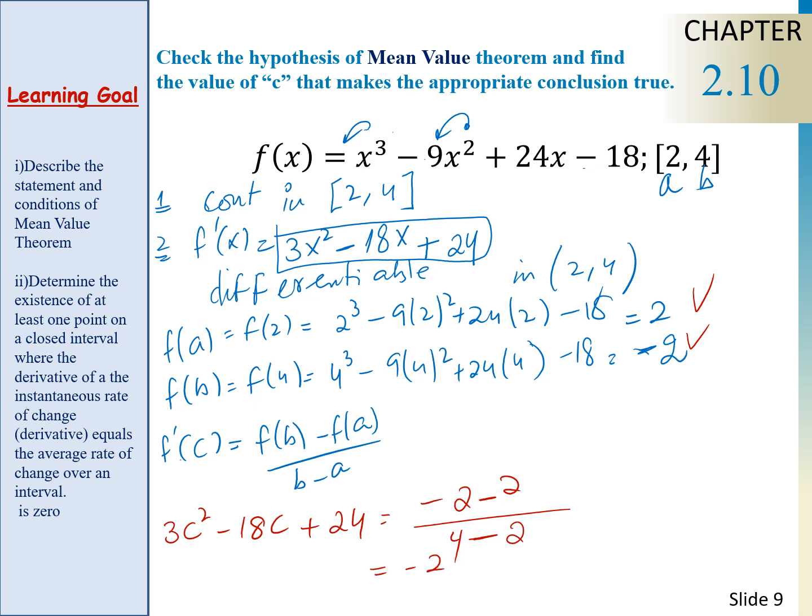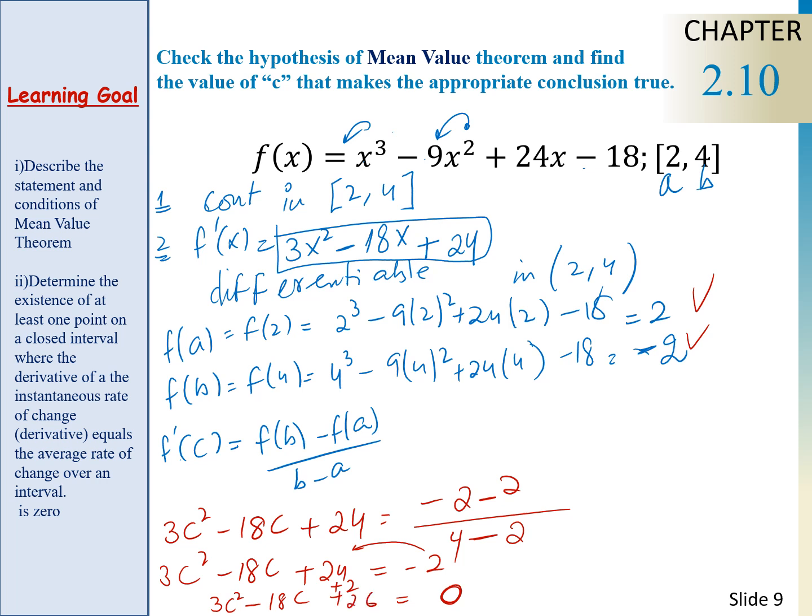Now this negative 2, you have to bring it on the other side of the quadratic equation. Okay, to factor, it is important that on the right hand side of the quadratic equation there must be 0. So minus 2 goes here, it becomes plus 2, and you will get 3c square minus 18c plus 26 equals 0.